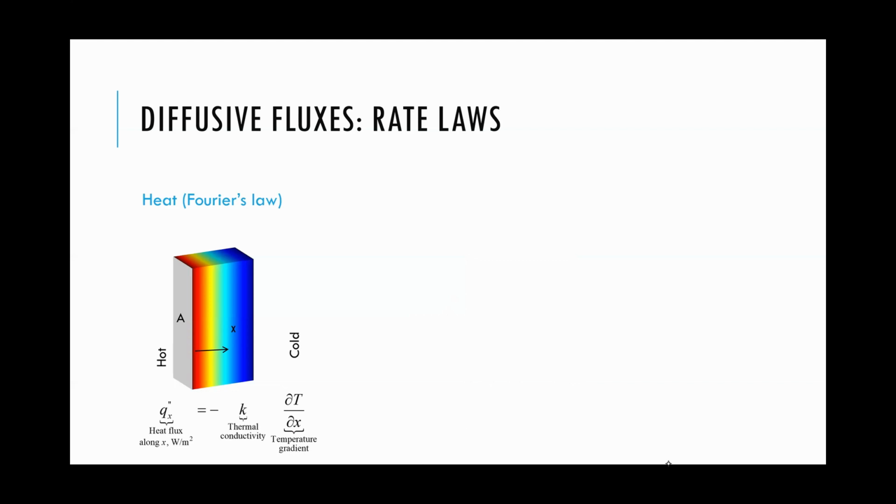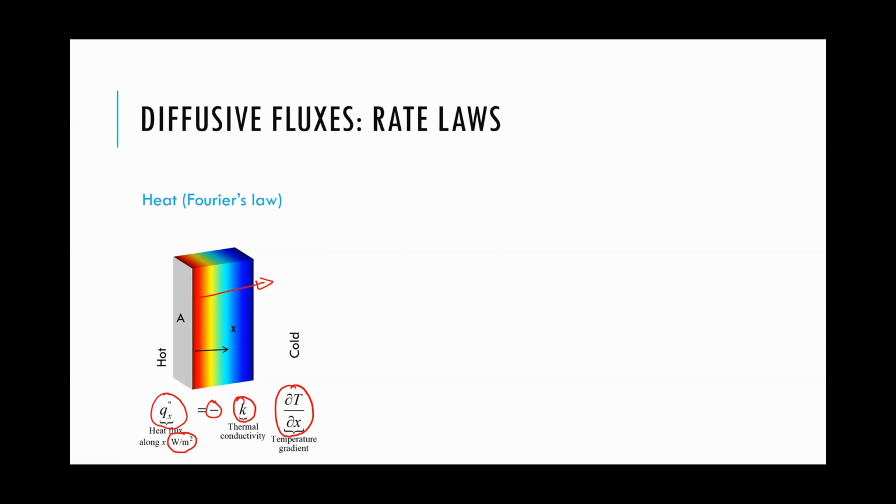For heat, the diffusive type flux, as you all know already, as heat moves from the hot side to the cold, the heat flux, which is the amount of thermal energy that transports due to heat conduction in watts per meter squared, is given by the thermal conductivity times the temperature gradient, of course, with a negative sign to keep it thermodynamically consistent.